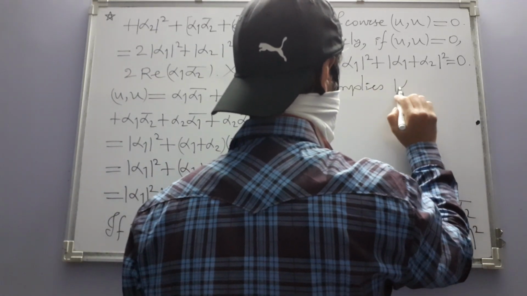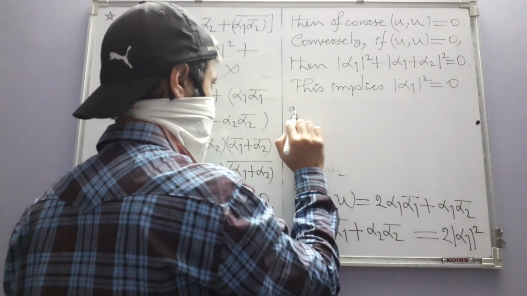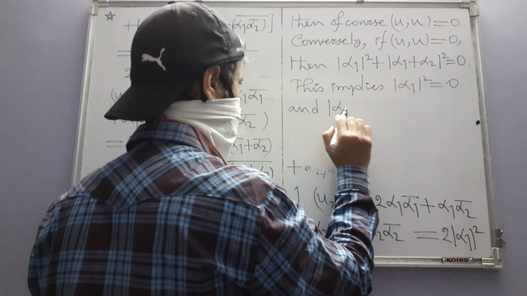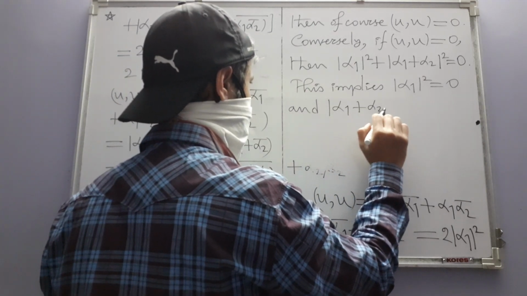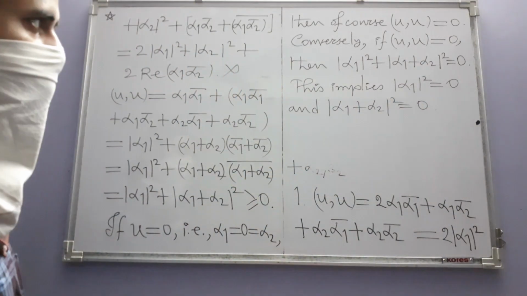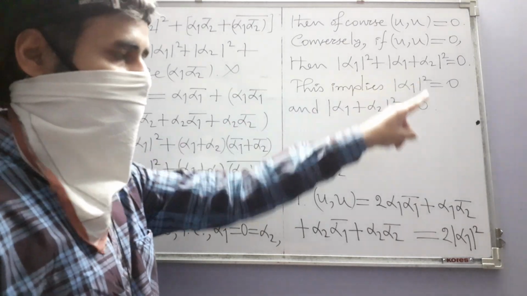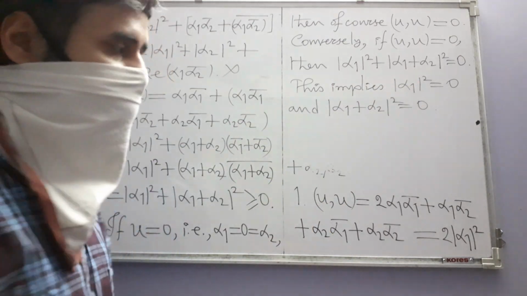It means that this is equal to 0 and this is also equal to 0. Now this being 0 means what? The complex number alpha 1 itself is 0.